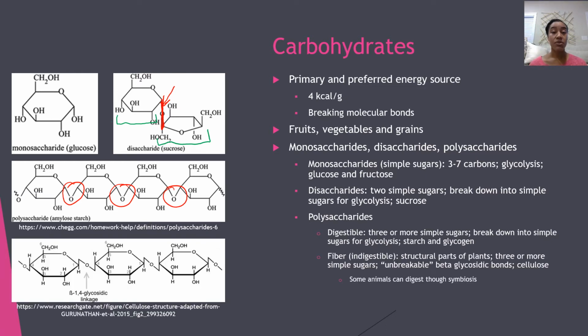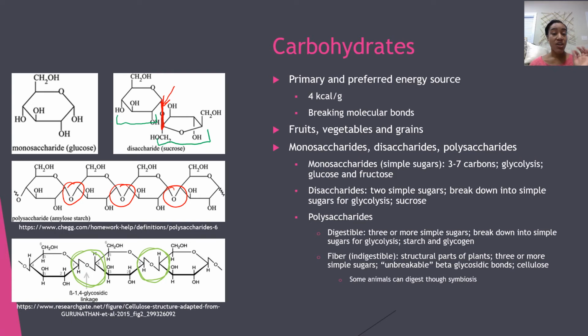And then we have fiber, which is our indigestible polysaccharide. Fiber looks structurally very similar to our digestible polysaccharides, except for one key difference, and that difference is this bond here. The bonds that connect the monosaccharides in fiber are called beta-1,4 glycosidic linkages, and the enzymes in our bodies are unable to break that bond.